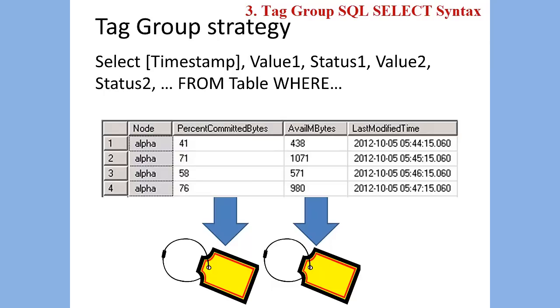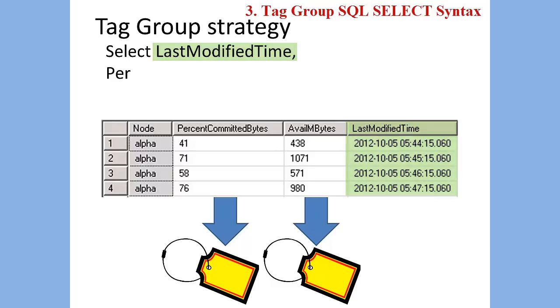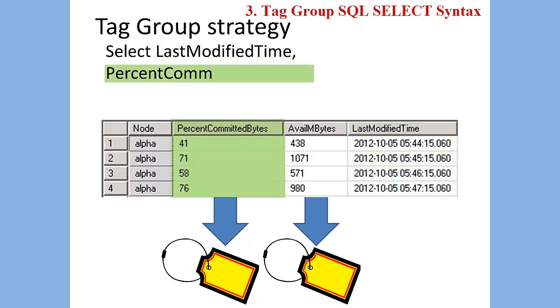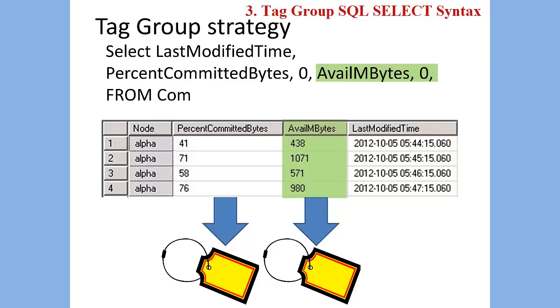There is no limit to the number of value columns that can be listed in the SQL SELECT statement. For this computer performance table, we would select the last modified time column as the timestamp, the %committed bytes column for the first tag with a 0 for its status, and the available megabytes column for the second tag, also with a 0 for its status.